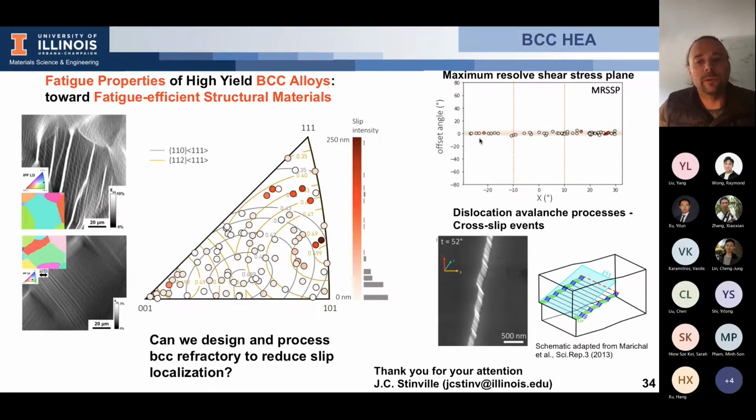But if we succeed in developing this kind of alloy, and we can prevent the high localization in this specific grain, we may be able to have an alloy with high yield strength and at the same time very high fatigue efficiency. And with this, I will just conclude, and I will thank you for your attention.